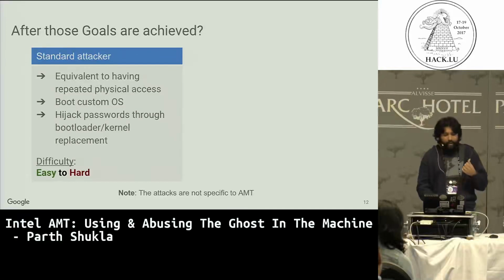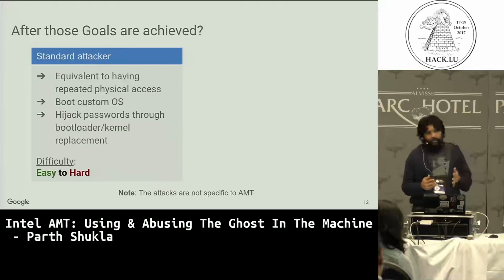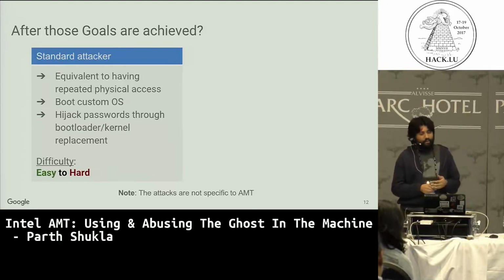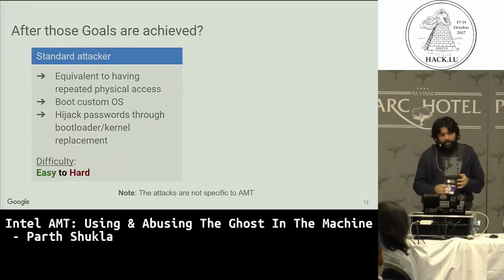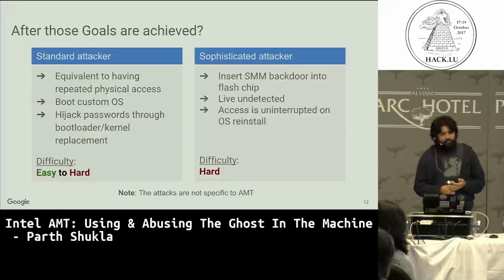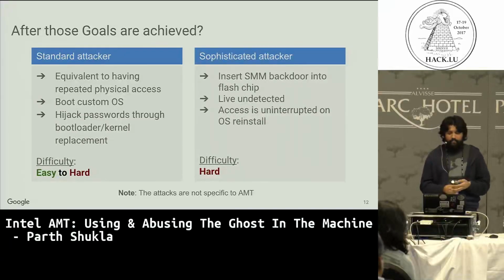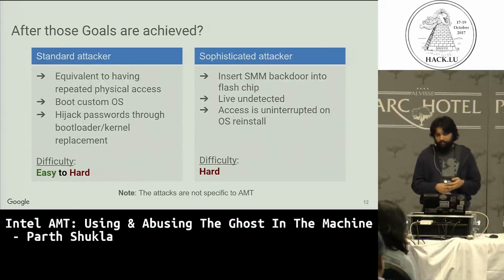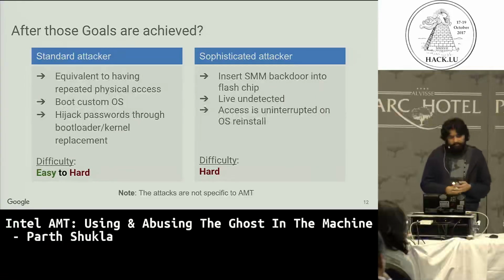The reason I put down easy to hard in the difficulty here is because success depends on if secure boot or trusted boot are being used. And also, even if some or all of these things are being used, how the BIOS is protected also contributes. We'll touch on it again when we talk about mitigations later on. As a sophisticated attacker, you can, again, use AMT to restart a machine to your own boot disk, but this time insert a system management mode backdoor into the flash chip, since we have root in the box.